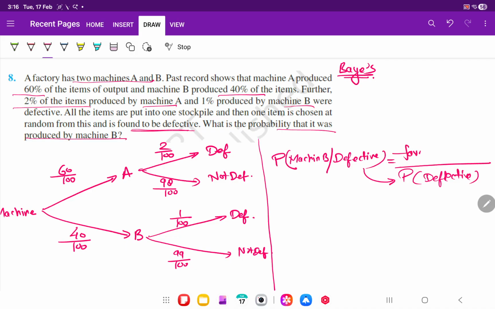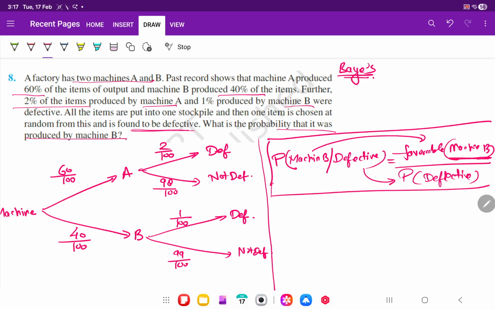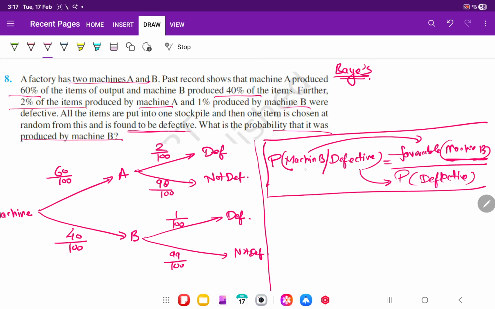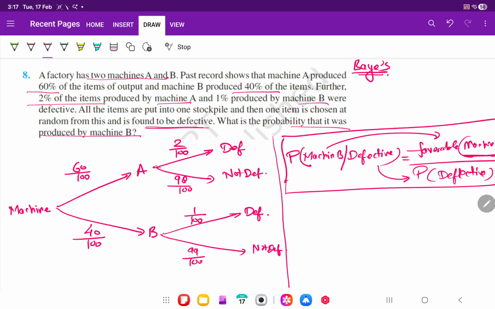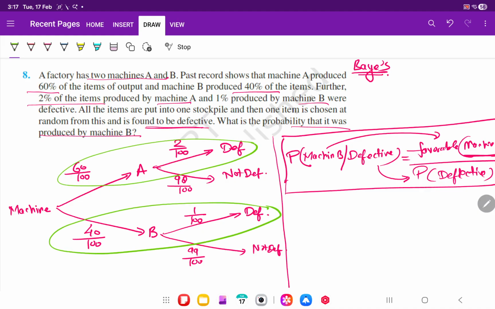Favorable is that it was made by machine B. Yes or no? It is defective and made by machine B. This is how we calculate the conditional probability. Okay? So it is made by machine B and it is defective. So what are the total possibilities? Total that it is defective: made by first and defective, or made by second machine and defective. Out of that, this is favorable, made by machine B. This one is favorable. Yes or no?